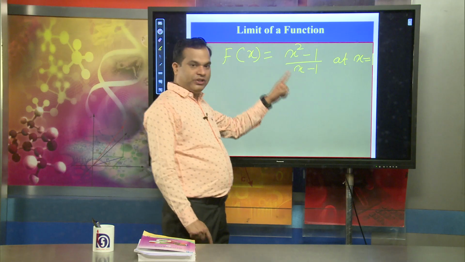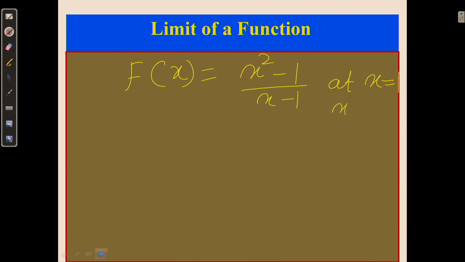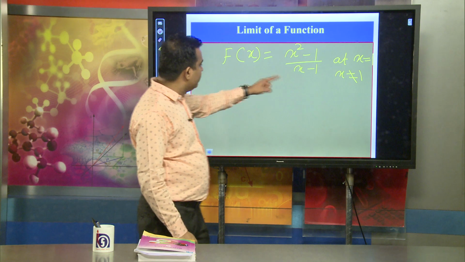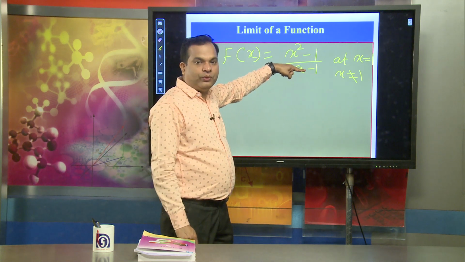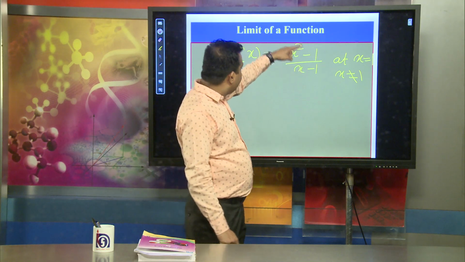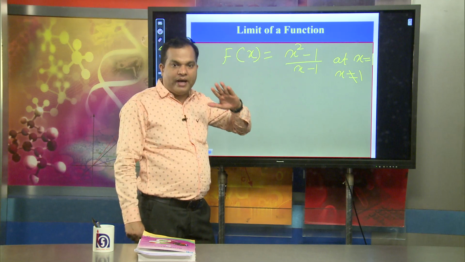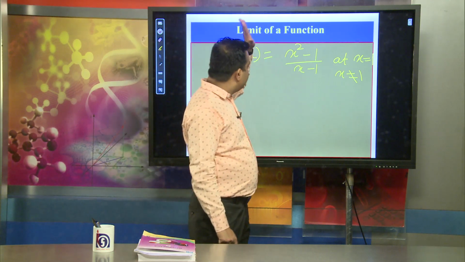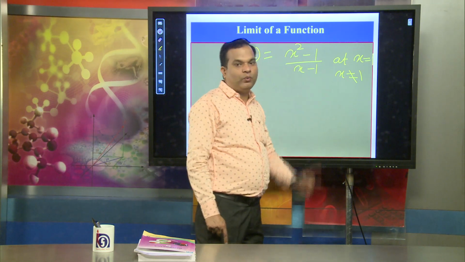Just observe, f of x equals x square minus 1 by x minus 1. This function is possible only when x is not equal to 1, because when x becomes 1, the denominator becomes 0, and then the function will be undefined. So this function is defined except at x equal to 1.